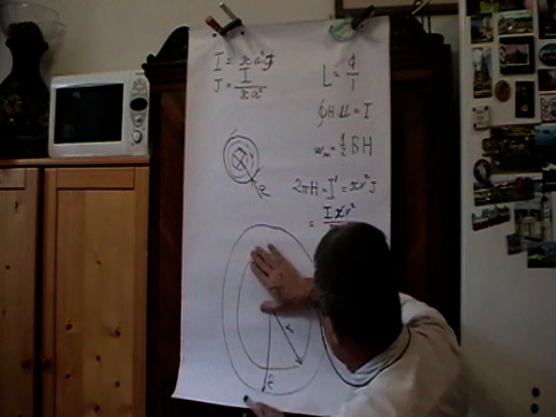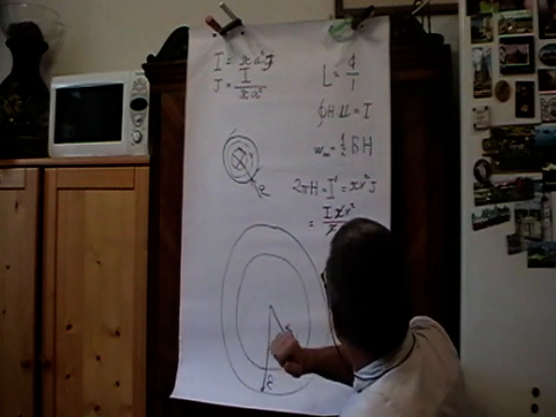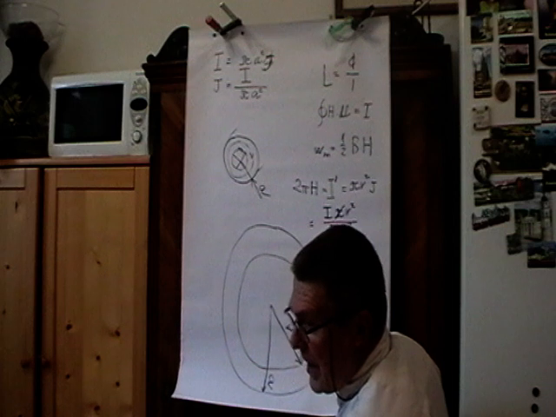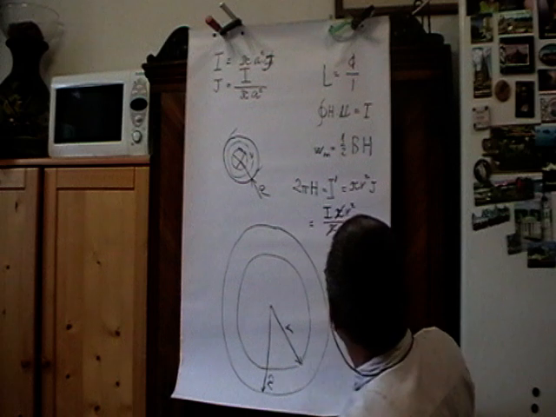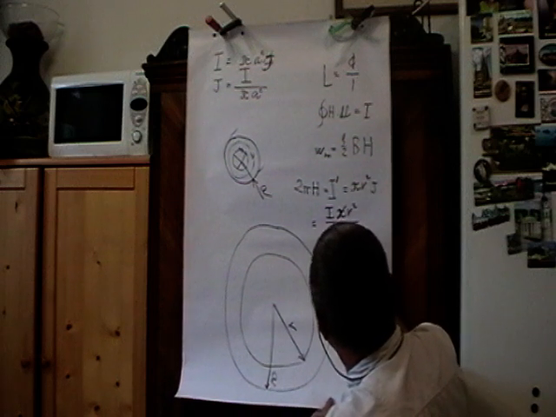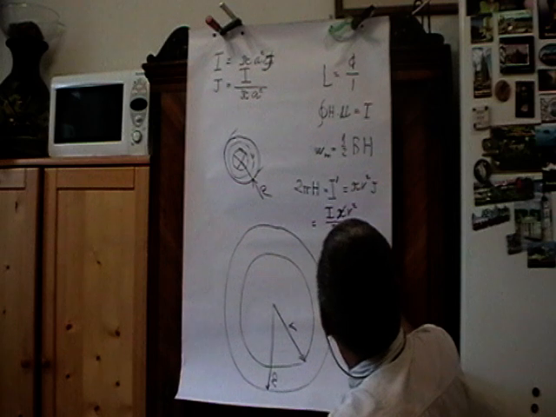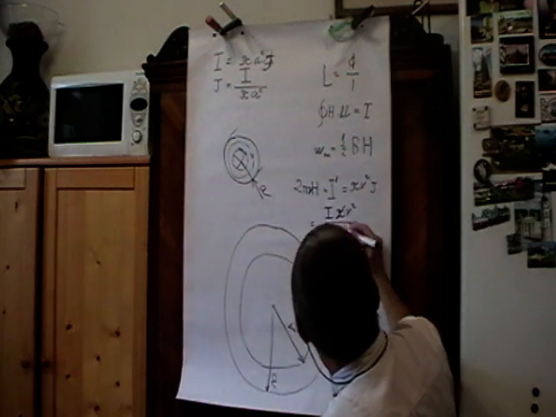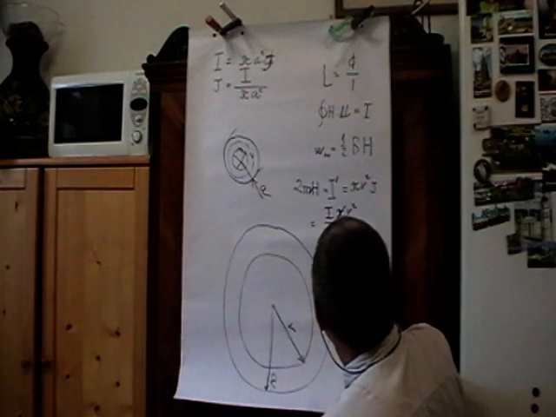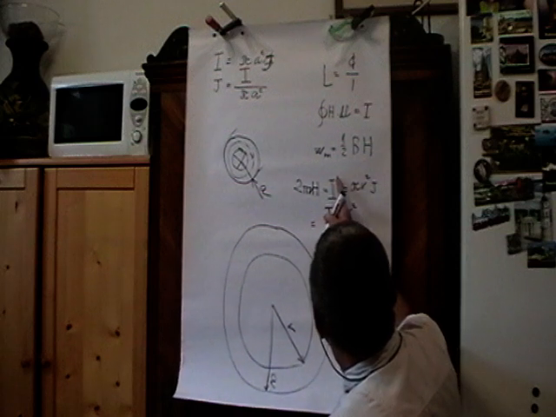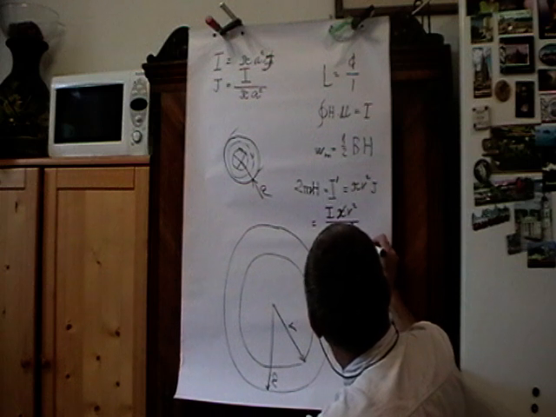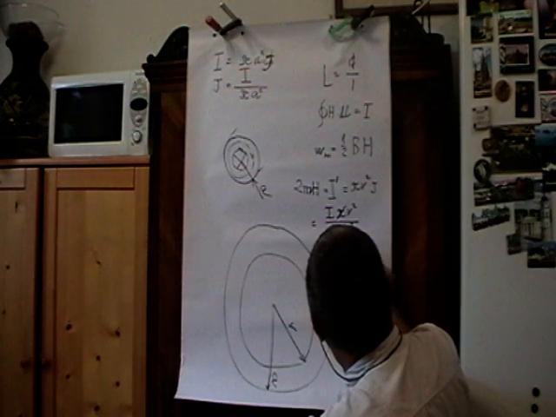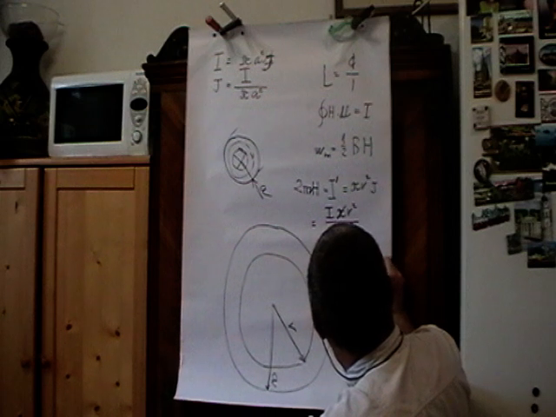So now we know the current that flows here, and we can also establish the value of the magnetic field intensity H, which would be I divided by 2 pi r.